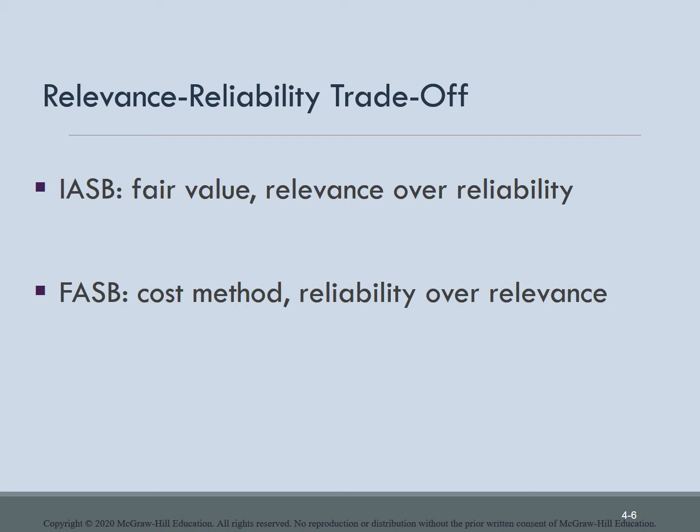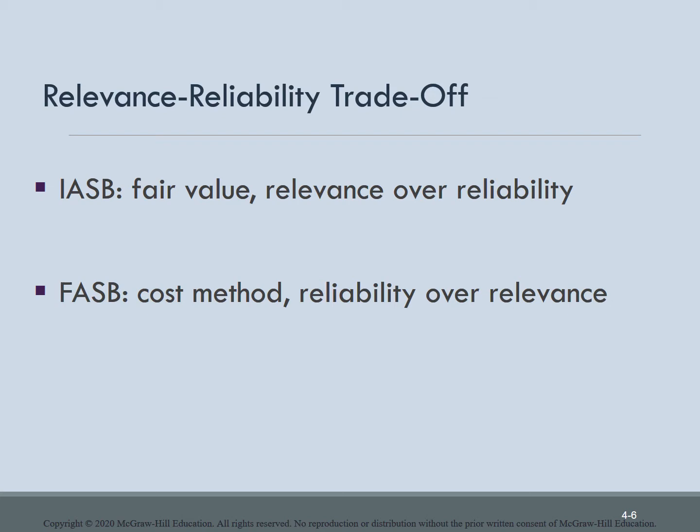Before the most recent version of the conceptual framework, reliability was a component of the conceptual framework. It's now been replaced with faithful representation. So another way to think of relevance and reliability would be a trade-off between relevance and faithful representation.